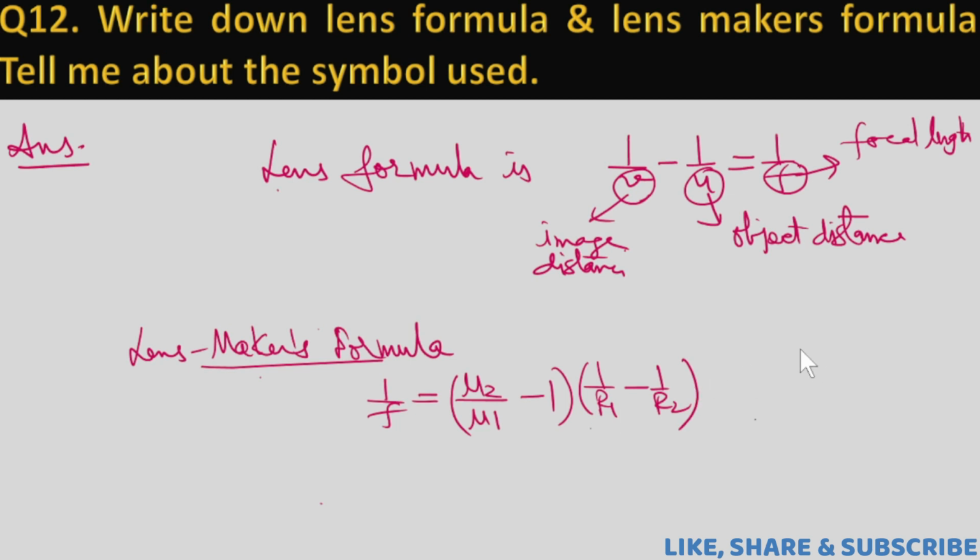Here R1 is the radius of curvature of the left side of the lens and R2 is the radius of curvature of the right side of the lens. mu2 is the refractive index of the material of the lens and mu1 is the refractive index of the medium in which the lens has been kept. Often we write mu2 by mu1 as mu21 or mu.